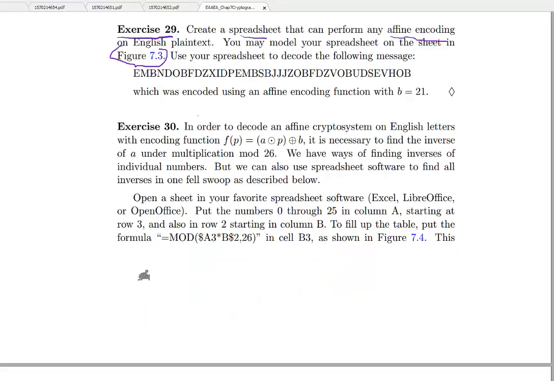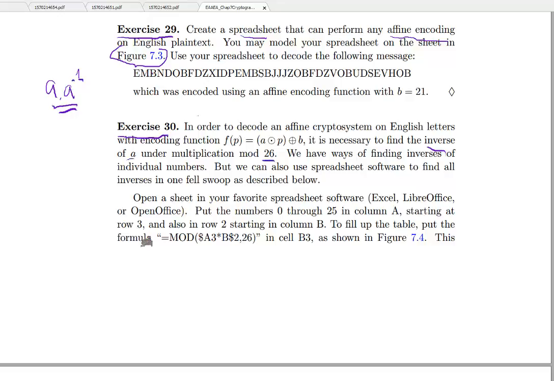Okay, now to make use of your spreadsheet, notice that you needed A and you also needed A inverse. Now these were numbers that in exercise 29 you would have to enter by hand. For exercise 30, this gives you a way to find the inverse of any A under multiplication.